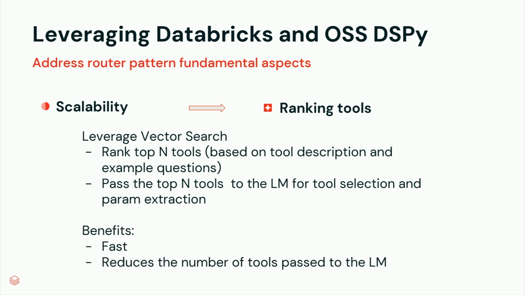Vector search is very fast, so it would be milliseconds, and by making the prompt or the context window much smaller, it would be less costly, and it would be faster. Vector search is built to handle billions of records, so you have a lot of room to add tools when you apply this approach.